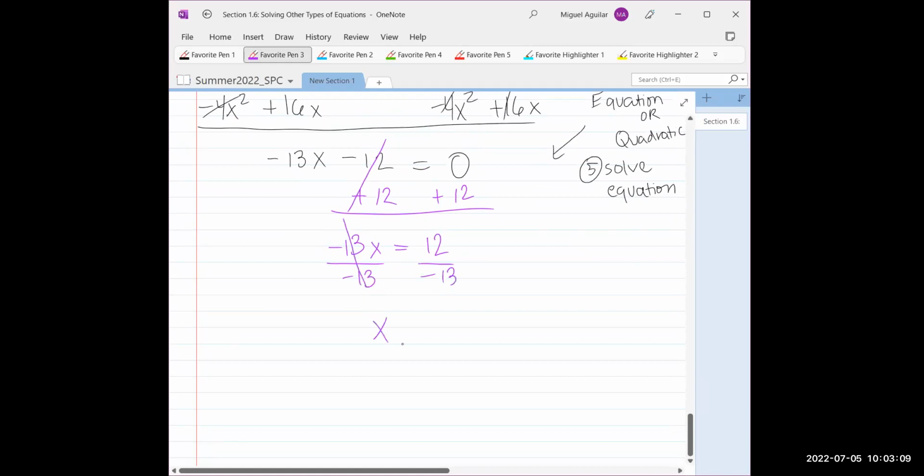Negative 13 divided by itself is just going to be the 1x. And then it's going to be negative 12 over 13. Now you could throw that in your calculator. Remember, your calculator will reduce that fraction for you. But that being said, this fraction is not reducible. It is fully simplified. So this, we would say, is our potential solution.